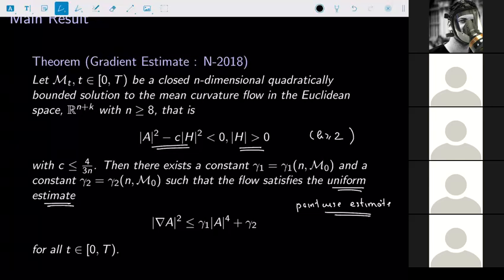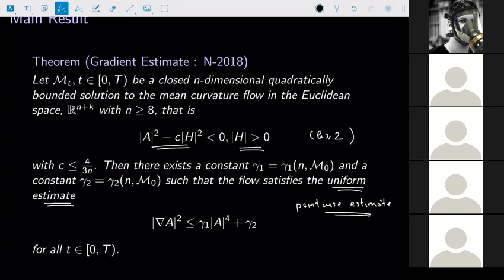Usually when you have a gradient estimate for the mean curvature flow, you have to take a supremum of |A|^4 over the entire manifold. But for this gradient estimate, it's a pointwise estimate, so you can compare the gradient of the second fundamental form at the same point and the same time as the second fundamental form.